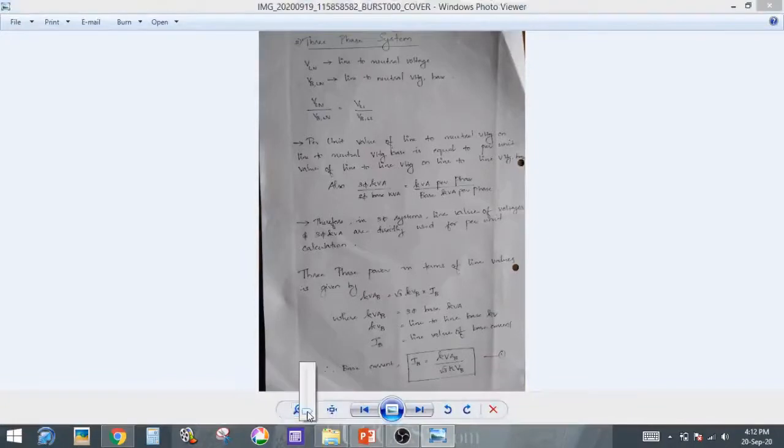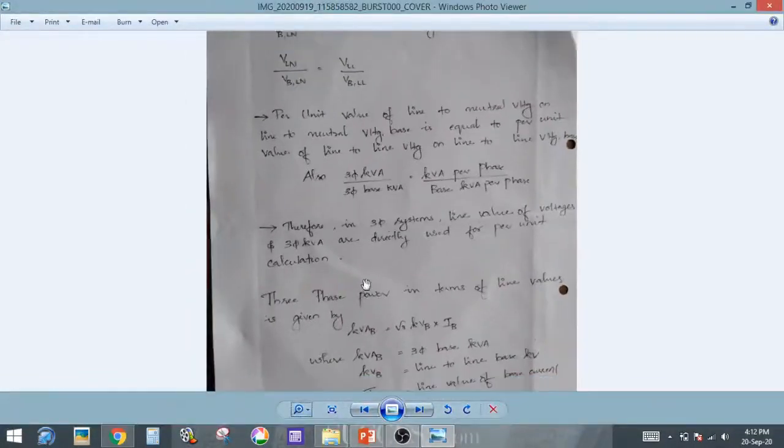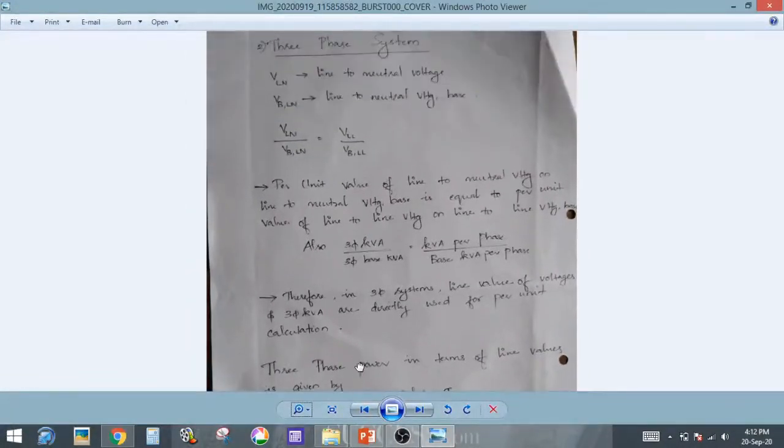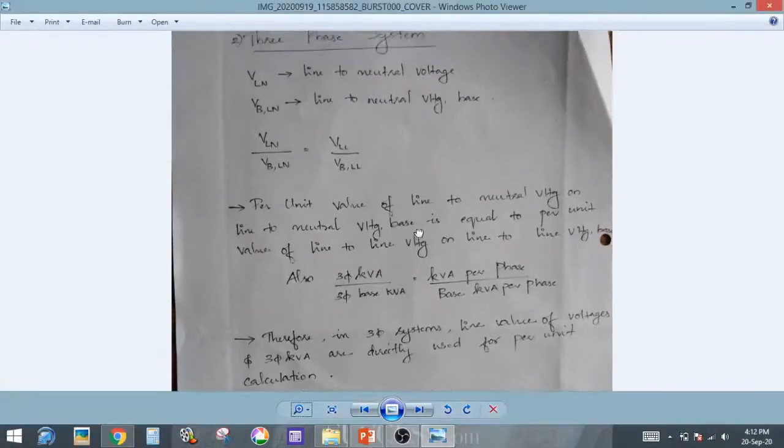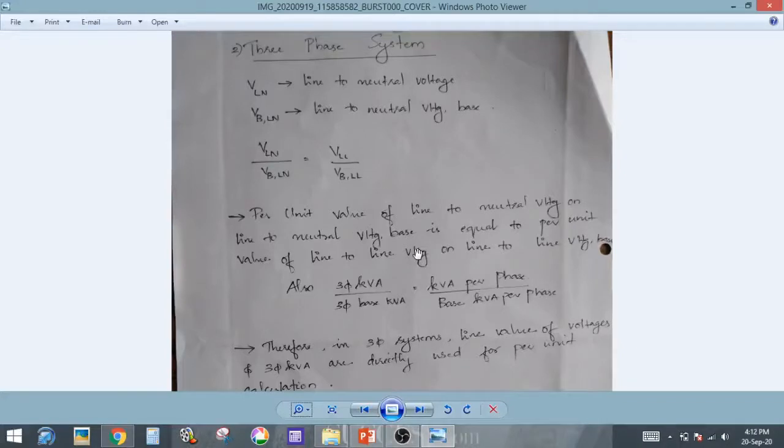We are considering the per unit values for a three-phase system. Let us take VLN equal to line to neutral voltage and VBLN, line to neutral base voltage. One is the actual value of voltage and the other is the base value of voltage, that is the reference value of voltage.